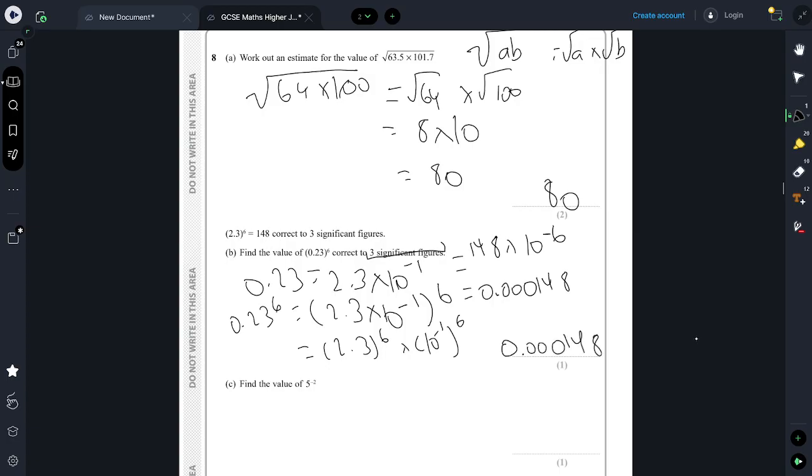I believe. I haven't done significant figures in a while. I'm not sure they count the 0 here as a significant figure. I believe so. Yeah, that's right. Yeah, that's it. So significant figure, that's your answer here. That is a lot of work for one mark. I don't think that's fair, if I'm honest. Should be at least 2, in my opinion.